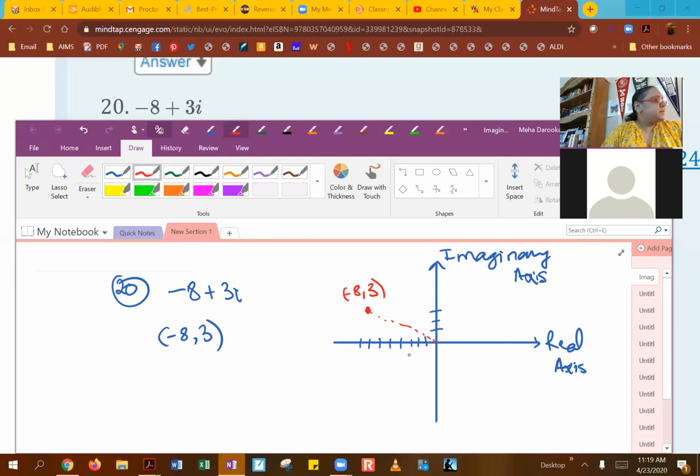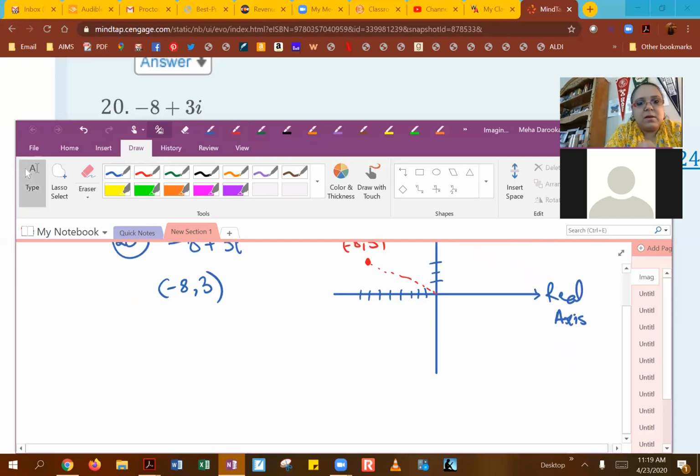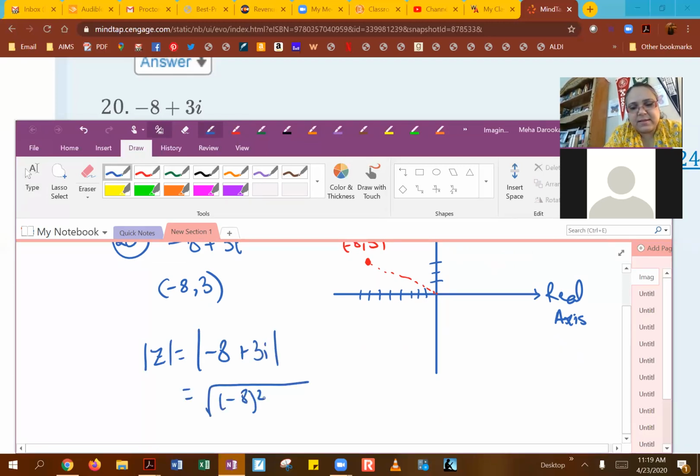Square root of a squared plus b squared. Very good, yeah. So that would be the absolute value of a complex number. And what will that end up giving us? 64.